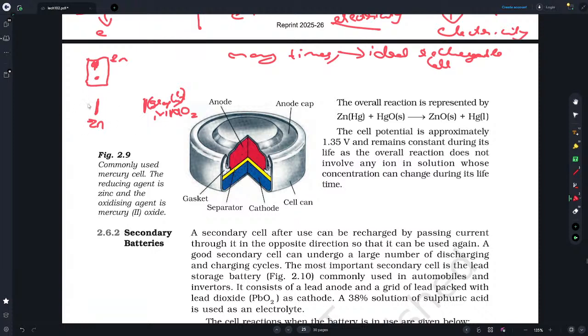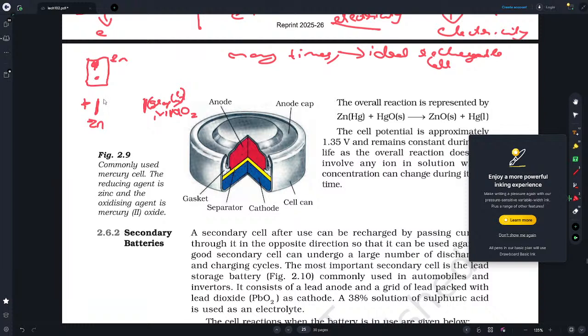The anode is zinc and the cathode, which is graphite surrounded by powdered manganese dioxide, is the cathode.